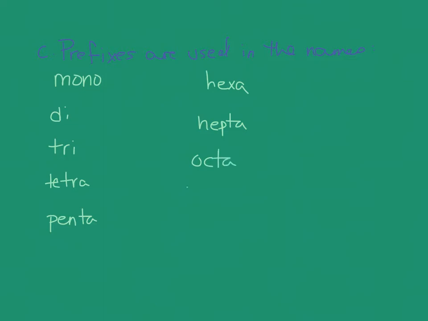Really, these ones you will never really encounter, but they're ways to remember. So mono is 1, di is 2, tri is 3, tetra 4, penta is like pentagon, 5, hexagons have 6 sides, heptagons have 7, octagons have 8, nona is 9, and deca is 10.